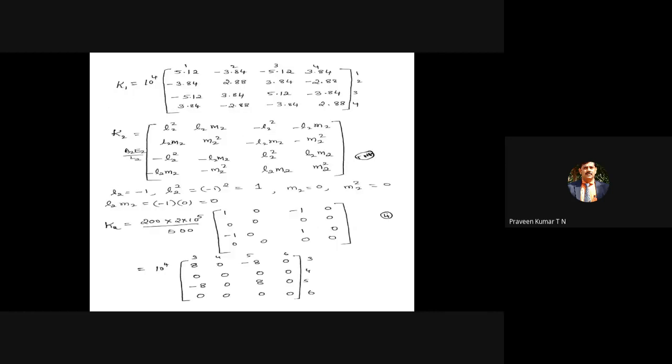Now I'll tell what the degrees of freedom are for element 2. For element 2, there are 4 degrees of freedom. At node 2, there are 2 degrees of freedom, Q3, Q4. And at node 3, the degrees of freedom are 5 and 6. The same thing is shown here.